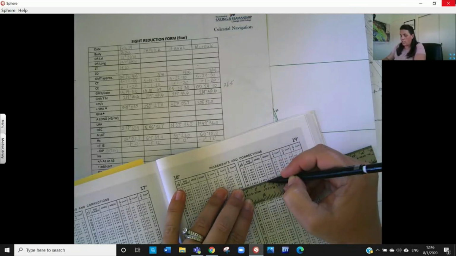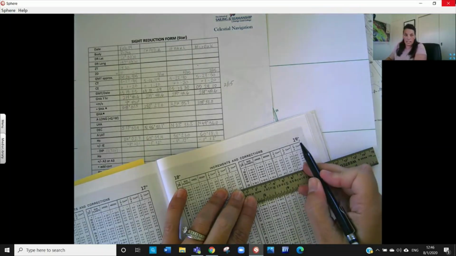We start at minute 19:05, and we work our way through the minutes and seconds. At 19:05, we are looking at Aries, so we need to look at this column right here. We have 4 degrees, 47 minutes for our 19 minutes, 05 seconds.